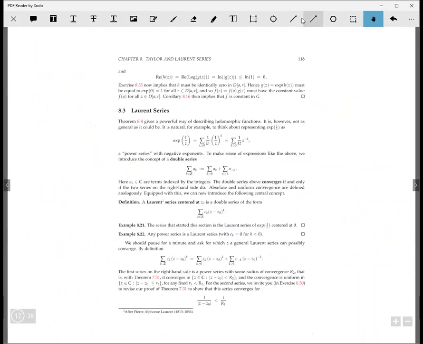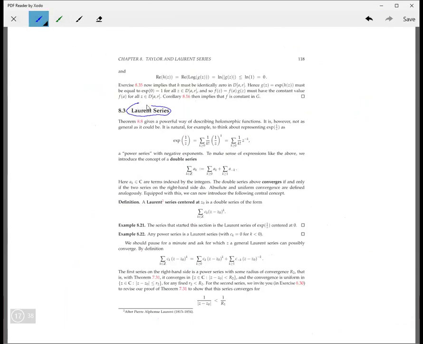Okay, so now let's go to something called Laurent series, and this right here is very important for the rest of the semester. Okay, so we're in chapter 8 now. When we come to chapter 9, if you understand this really well, then that will be very helpful. Okay, so a Laurent series is a series. Like a Taylor series goes from 0 to infinity, right?